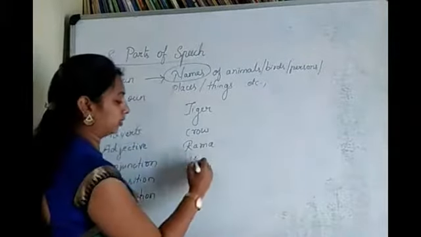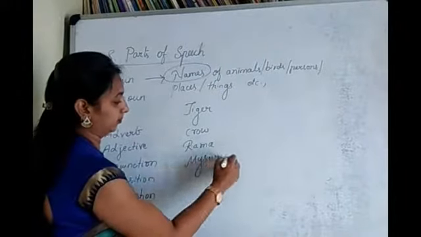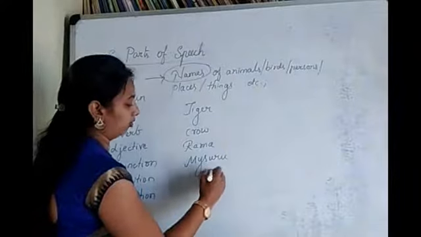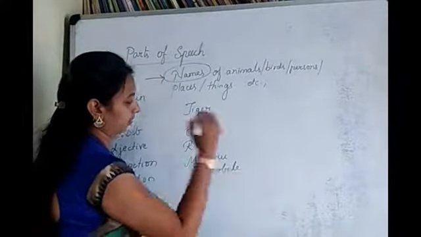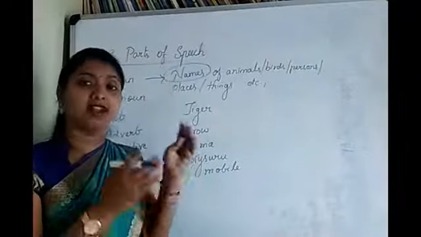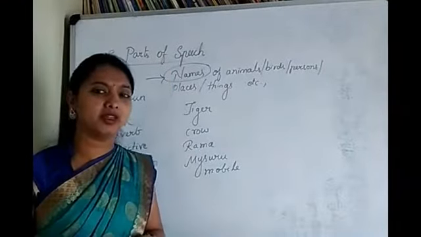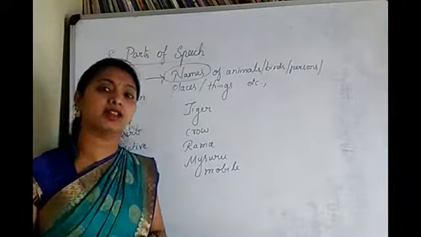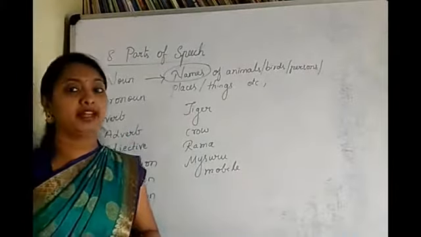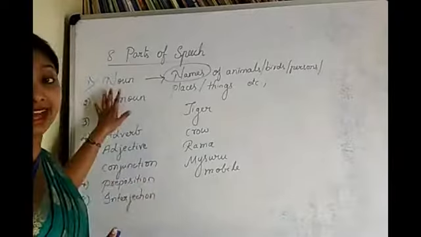I'll take Mysuru. Then we'll go for things. Things, I'll go for mobile. See, names of some things. Names of places, animals, birds, things are called nouns. I hope children, it's very clear with the meaning of these nouns.